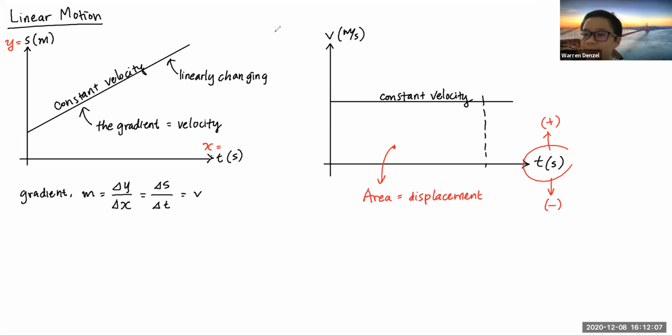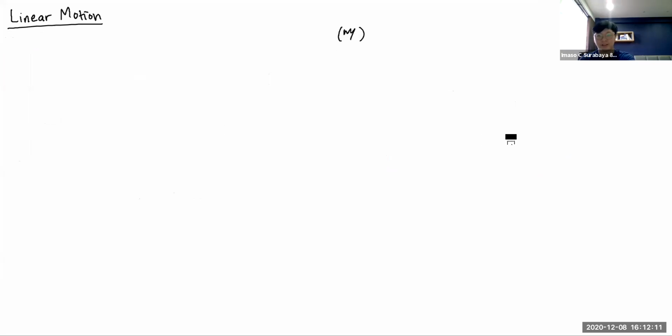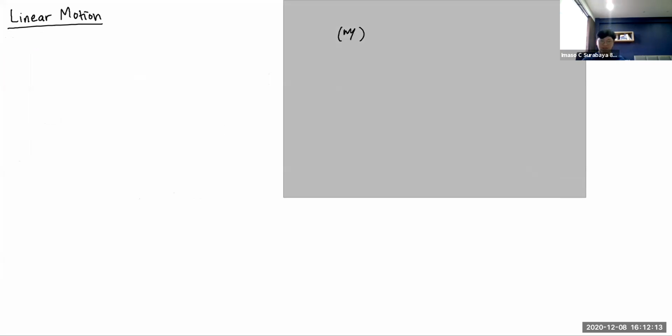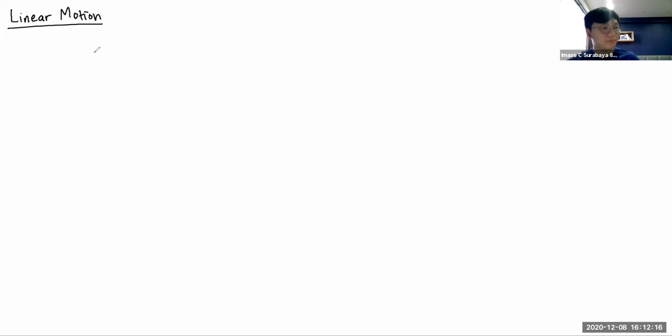I've screenshotted it. Okay. Now let's talk about the second type of motion, which is motion with constant acceleration.